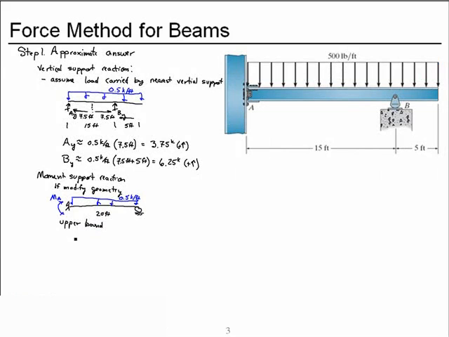So we have MA will be approximately, in this case we drew it in the opposite direction, so it'll be a minus omega L squared over 8, a minus 0.5 kips per foot, 20 feet squared over 8, which is equal to a minus 25 foot kips in the clockwise direction.